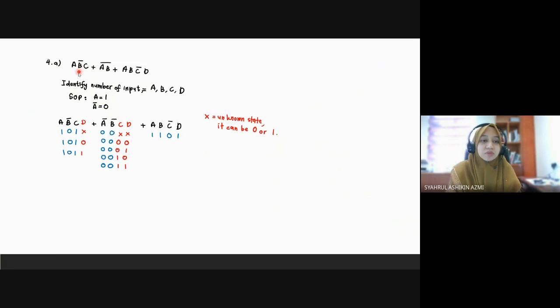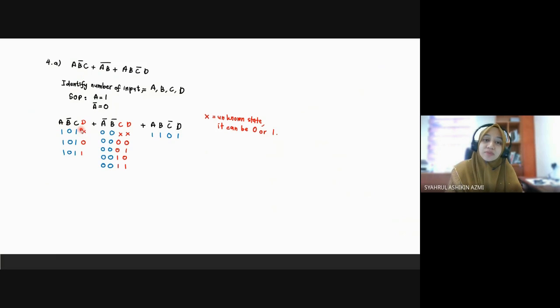Okay, so from this expression, we're going to find the standard SOP form. We look at the first expression here. We have A, B bar and C. We know that we have 4 inputs altogether, A, B, C and D. So for the first expression, the missing variable is D. So A, B bar, C and D. What is the input for D?